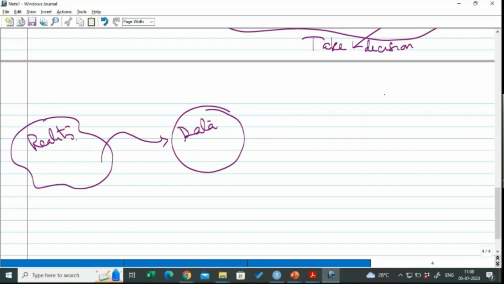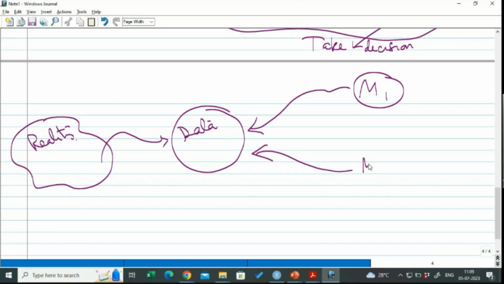Since I don't know how nature has played the game, let me consider multiple possibilities of models. This can be a model, and this data possibly can be modeled using this model. Let me consider that there can be some other model as well.